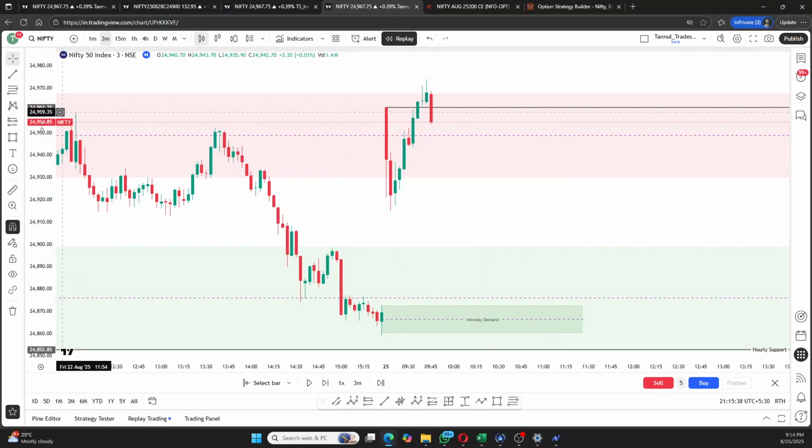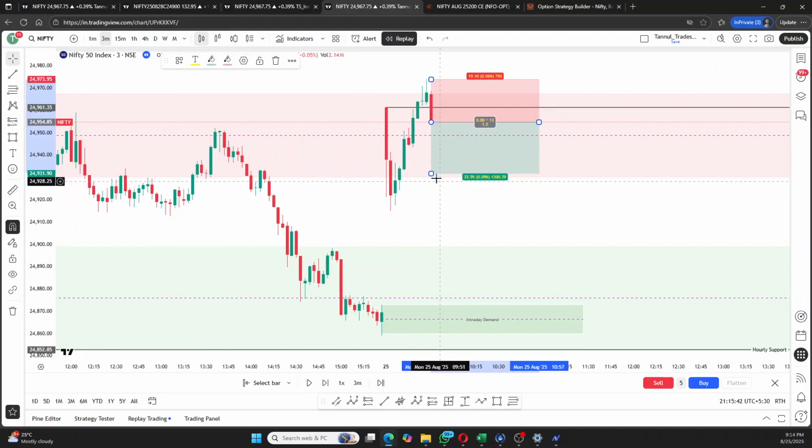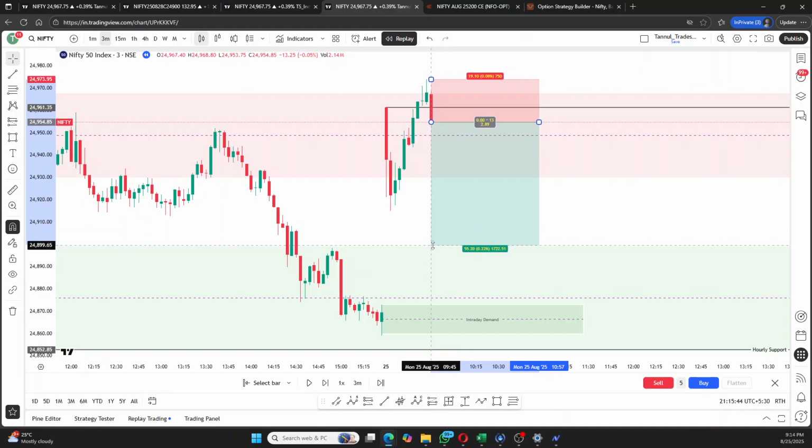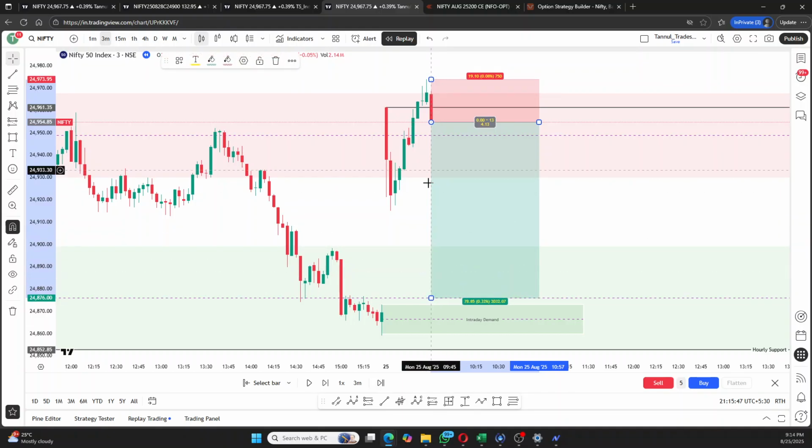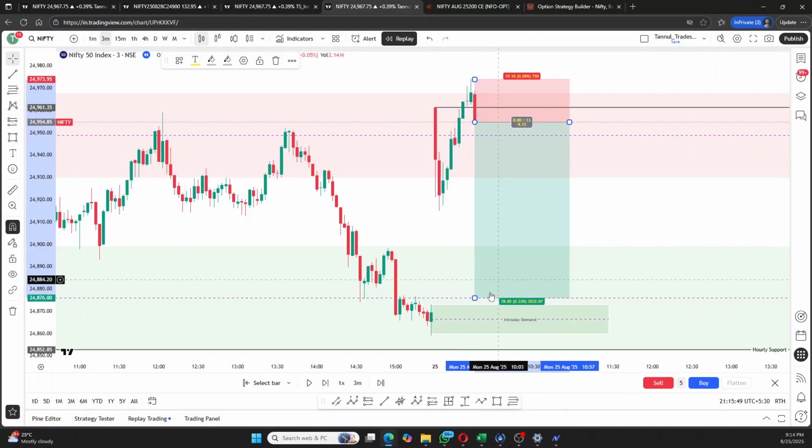Can we take a first bearish trade here? Or even if this demand zone's median gets tested, that should be a very good trade for us. So target 1 is 24899, target 2 is 24876.